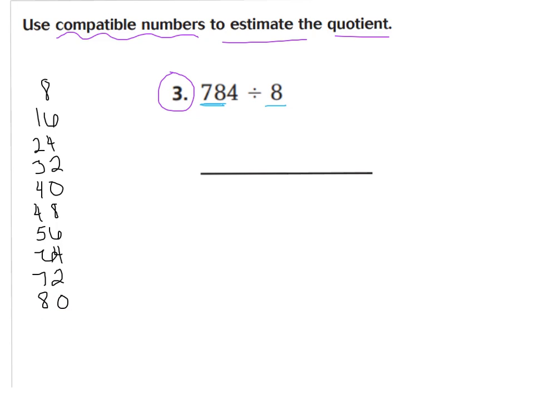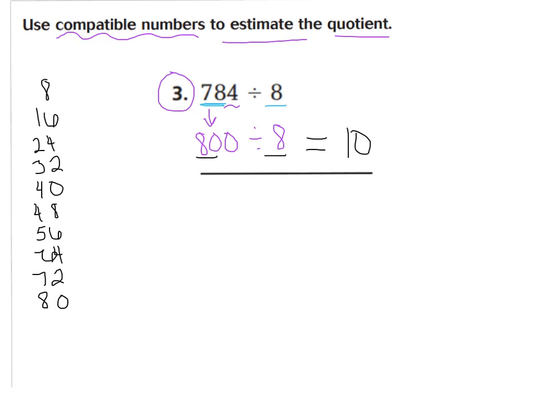So now I'm going to say, well, this 78 is going to turn into my 80. But then I have a number behind that 78, which is a 4, and it's just going to turn into a 0. Now I'm going to say 800 divided by 8. Well, I'm going to use basic facts to divide. I'm going to say 80 divided by 8 is 10, and I can figure that out because I can count my multiples. 1, 2, 3, 4, 5, 6, 7, 8, 9, 10 multiples until I get to 80.